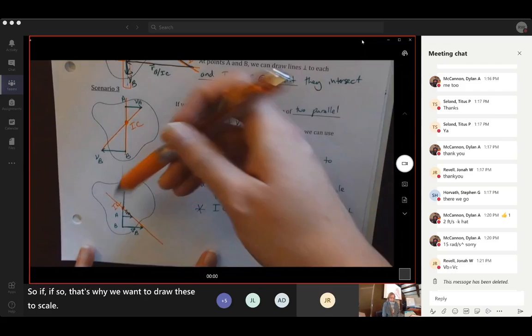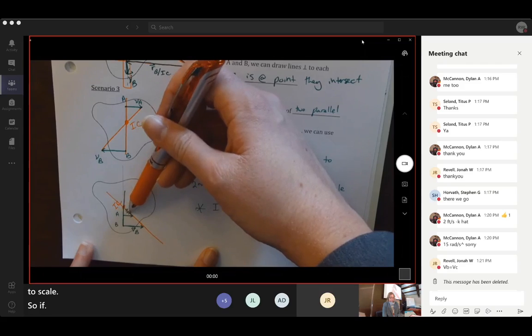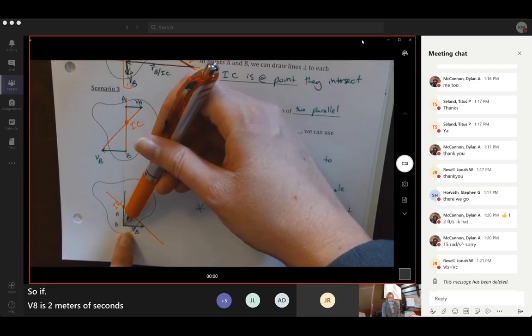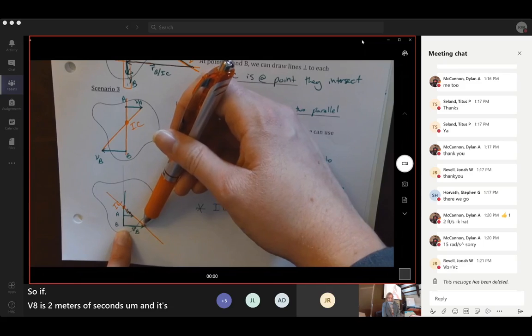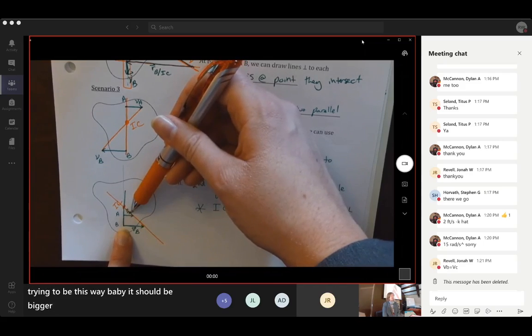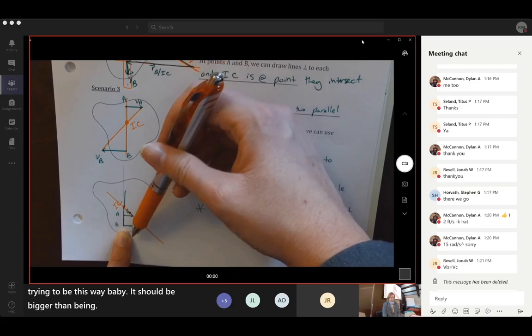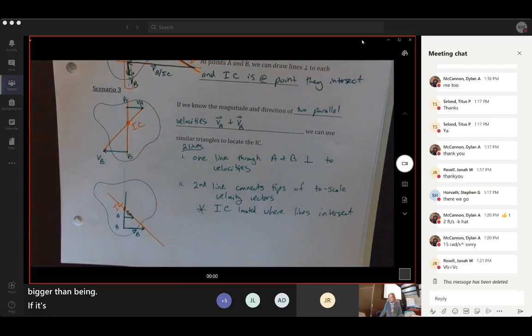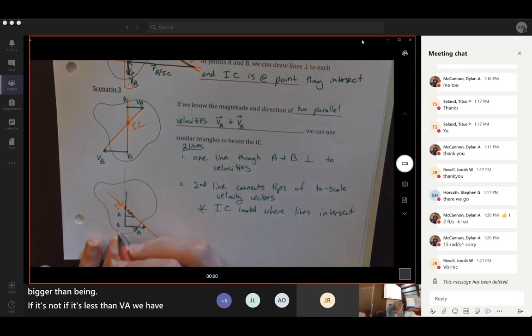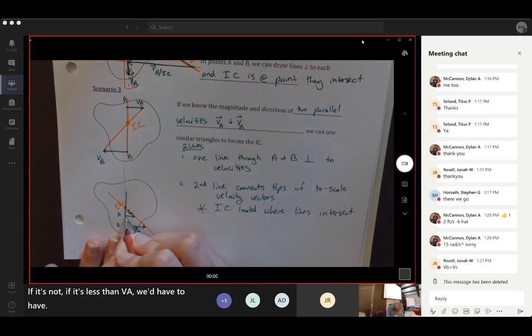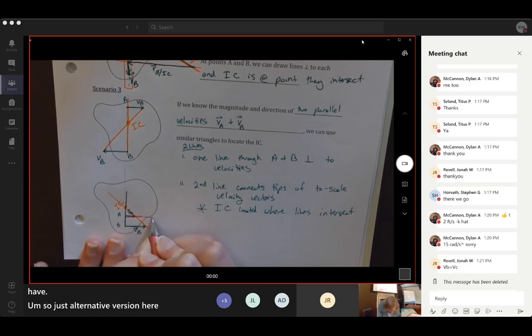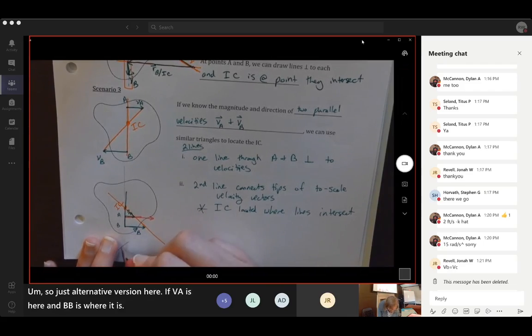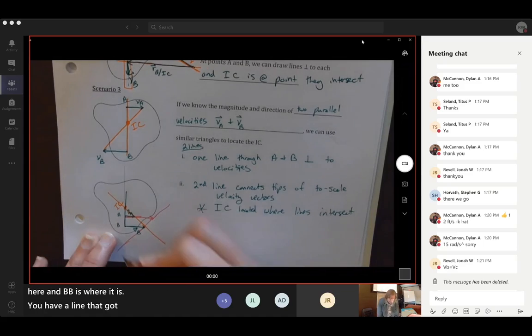If VA is 2 meters a second, and we're drawing VB this way, VB should be bigger than VA. If it's less than VA, just an alternative version here: if VA is here and VB is where it is, you'd have a line that got drawn like that, and your instantaneous center would be down here.